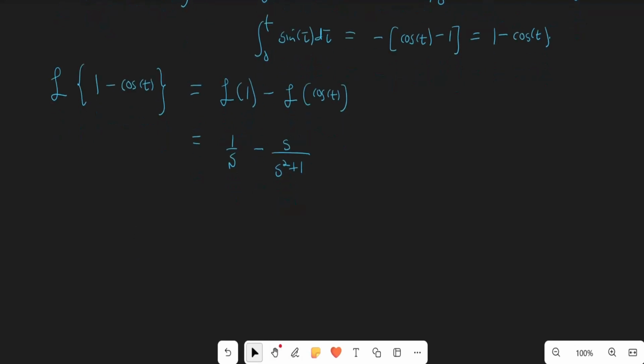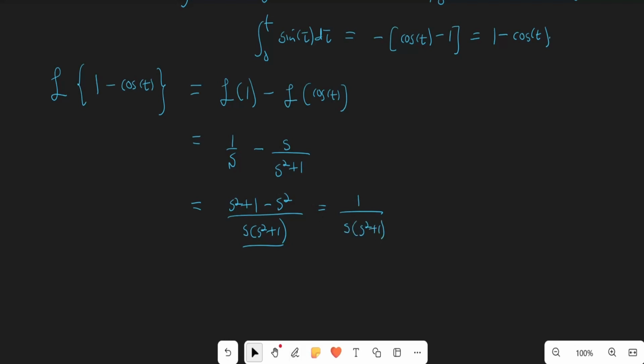Now we can simplify this to match what we have. The LCM here is s times (s squared plus 1). This one divided by this is s squared plus 1, minus this one divided by this is s, and s times s on top is s squared. So in the end, we get 1 over s times (s squared plus 1).